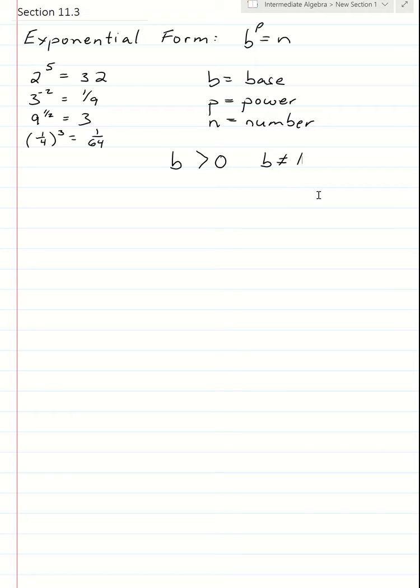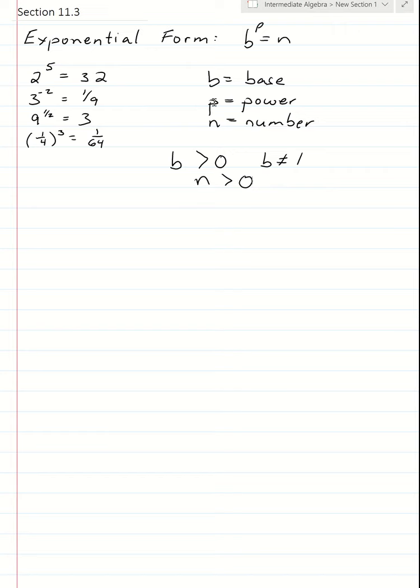There's another condition that needs to be satisfied, and that is the value of N that it's going to equal. The number that it's going to equal must also be a positive number, and we can see that is also true. We have the 32, the 1/9, the 3, and the 1/64. So these conditions are being satisfied. The power we don't care about.